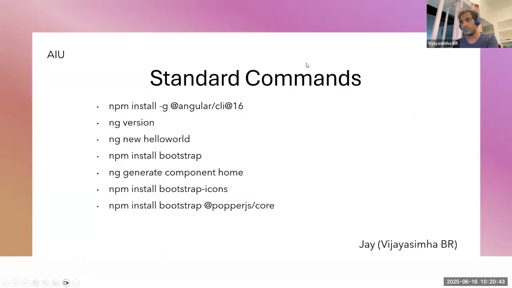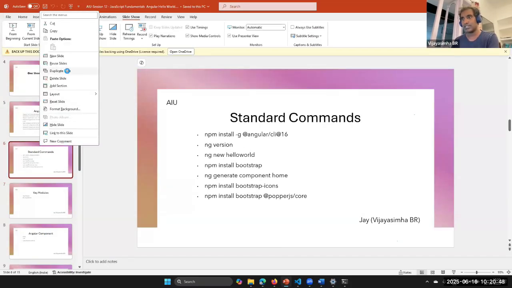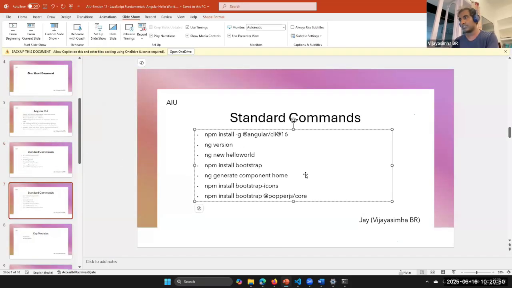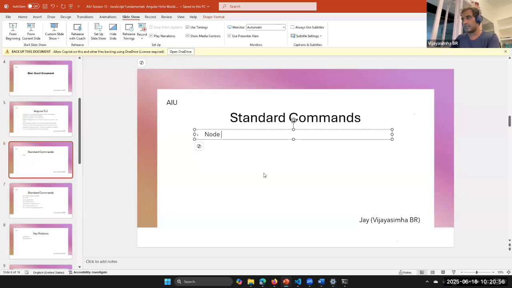That's the one command I didn't put here, so let me quickly add a slide right now. So here, node minus v is where you need to check the Node.js version on your computer.